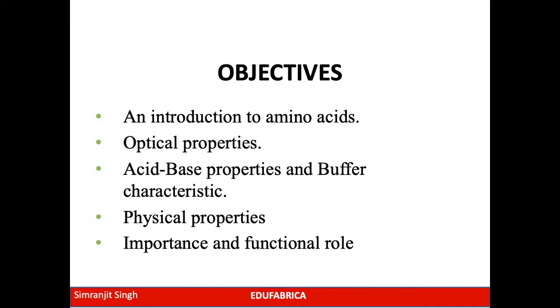In this lecture we will discuss amino acids: their optical properties, levo and dextro, their acid properties, being amphoteric in nature, buffer characteristics, physical properties, and their importance and functional roles. We will learn how they act as zwitterions and various other perspectives of amino acids, one by one.